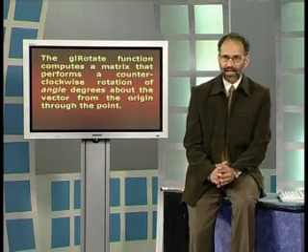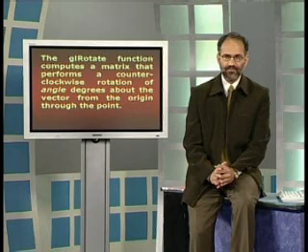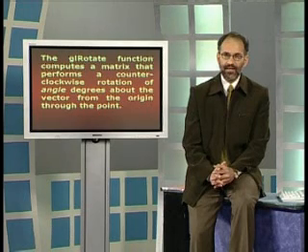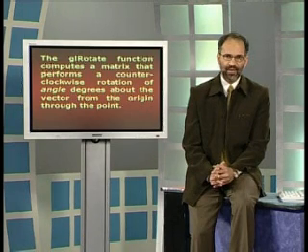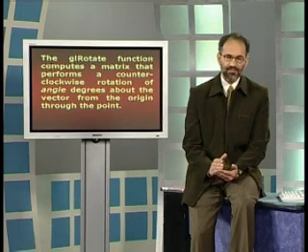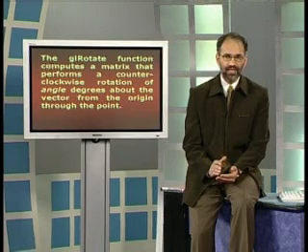So the angle is the angle of rotation, which is used in counterclockwise or anti-clockwise direction, and the axis that is used for rotation is actually the vector which is defined by the line that is passing through the origin and the point specified using x, y, and z coordinates.